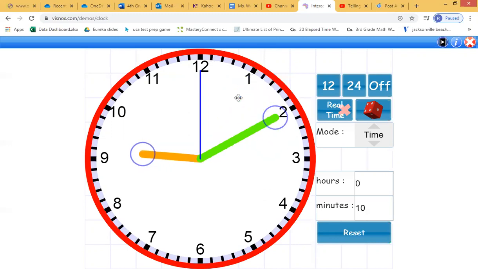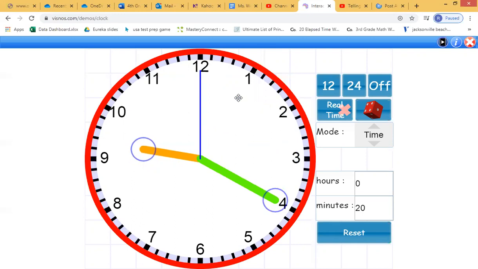Then I go to 2, that would represent 10 minutes. When I get to 3, that would be 15 minutes. I go to 4, that would be 20 minutes.